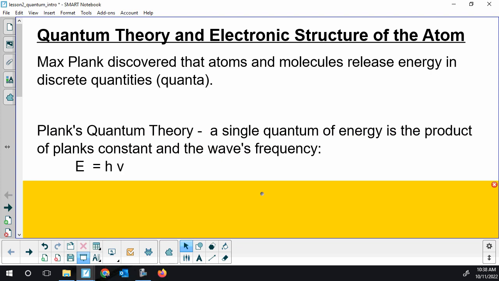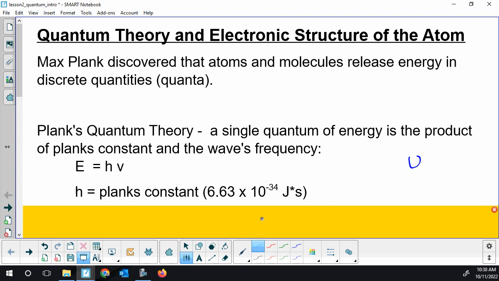So he was able to determine the energy of one of these individual quanta. It's a constant, which is named after him, Planck's constant, times the frequency. Frequency is referred to by the Greek character nu. Now my font doesn't have nu in it, so it looks like a V, but it should be a nu.